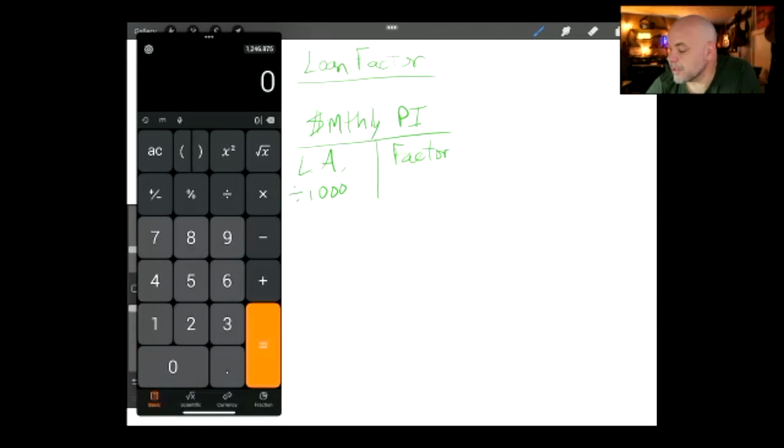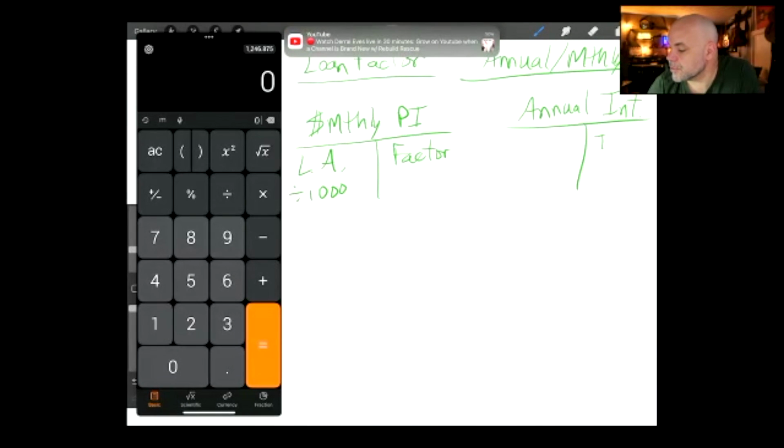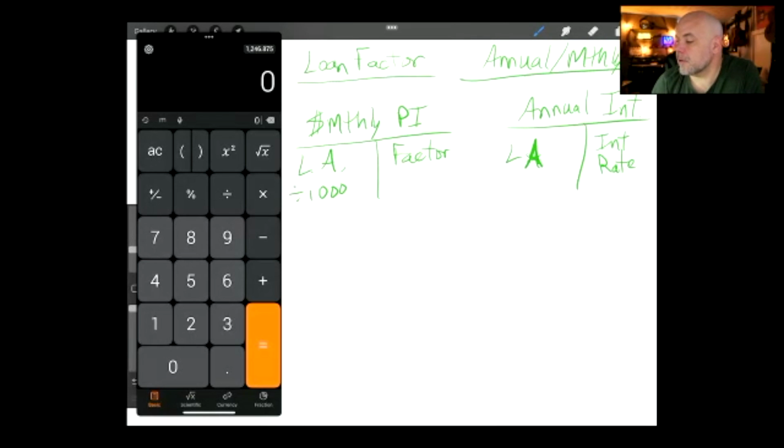Then we're going to do the annual and or monthly interest problem. And the way we get that is our annual interest that we're paying out every year is the interest rate times the loan amount. We're not dividing by 1,000 at all.